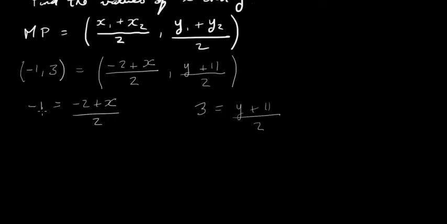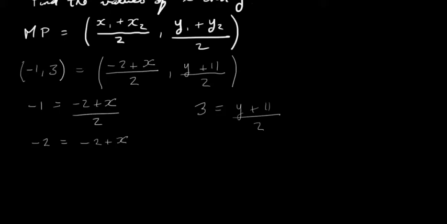So 2 times minus 1 is minus 2. If I multiply this side by 2, so I'll have 2 over 1 multiplied by all of this, the 2's will cancel, and I'll just be left with minus 2 plus x.